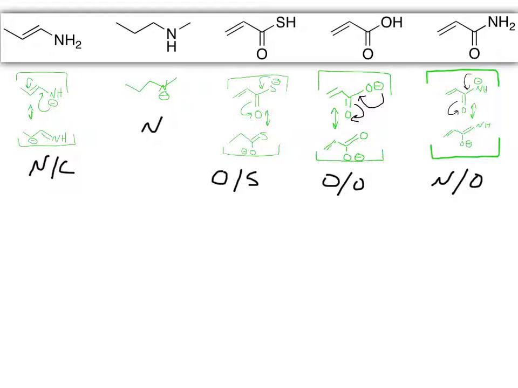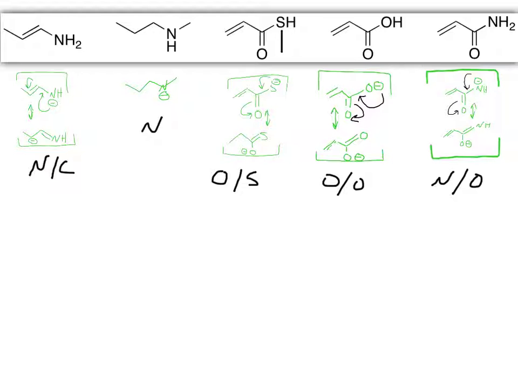So I've got a nitrogen set and an oxygen set, but within the oxygen set I have a sulfur. Sulfur is larger than oxygen, so this is going to be the most stable conjugate base of all of the conjugate bases. The most stable conjugate base is the weakest conjugate base. It comes from the strongest acid. So this is my strongest acid.